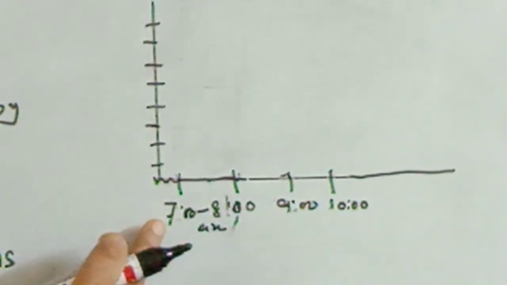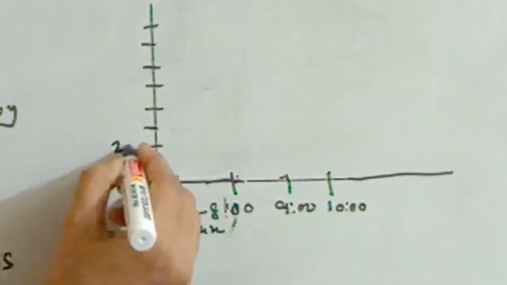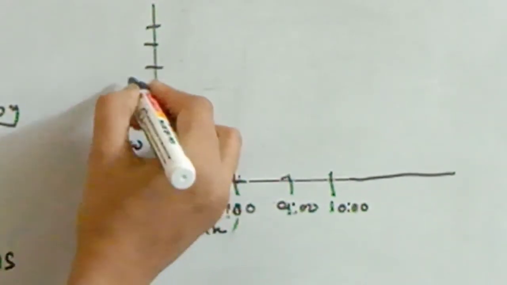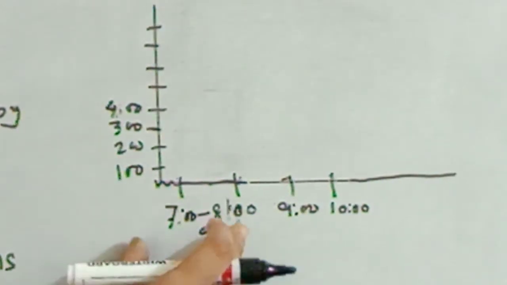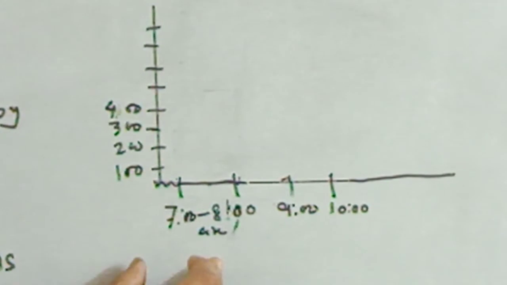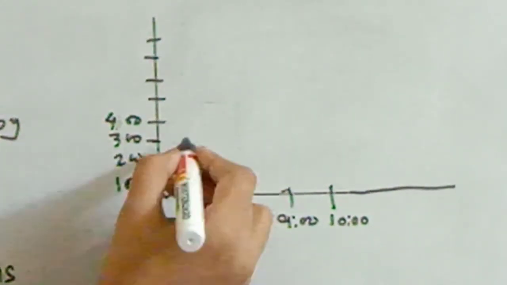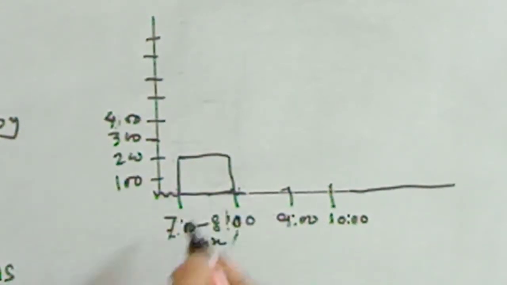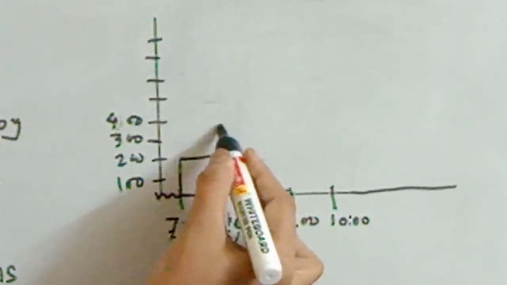But you can see that it is 100, 200, 300, 400. At any station, they are recording the number of passengers boarding the train from that particular station. Say from 7 a.m. to 8 a.m., 200 people have boarded the train. Say in the next hour more people have boarded.